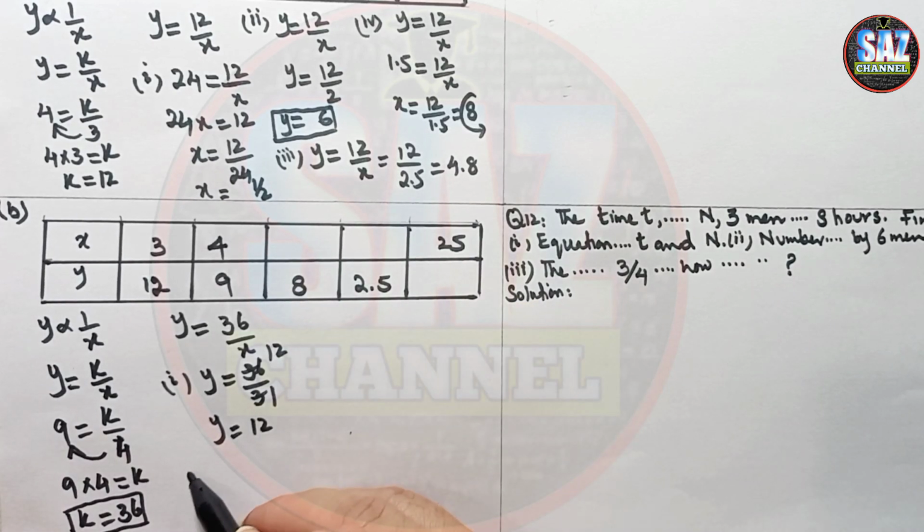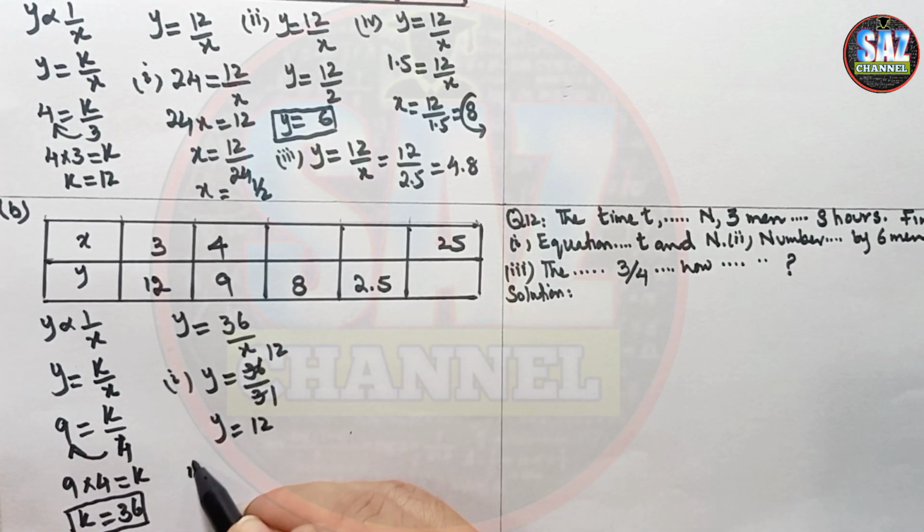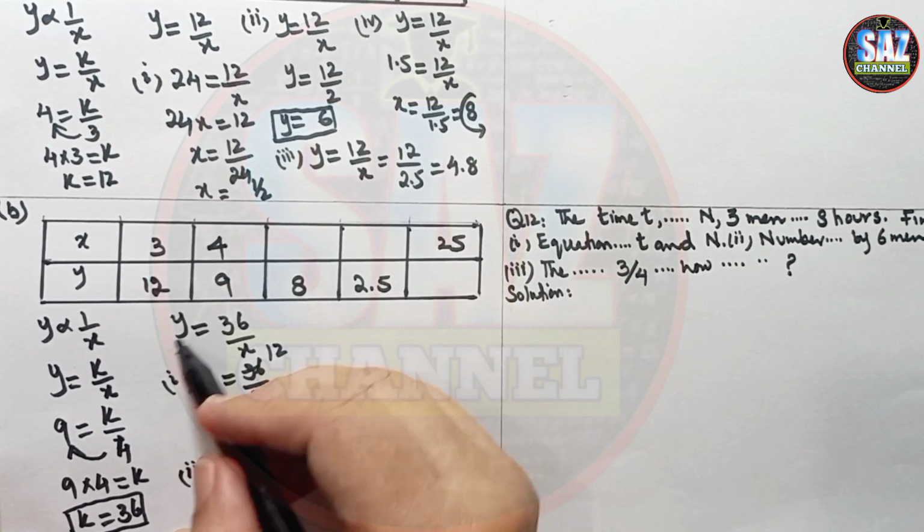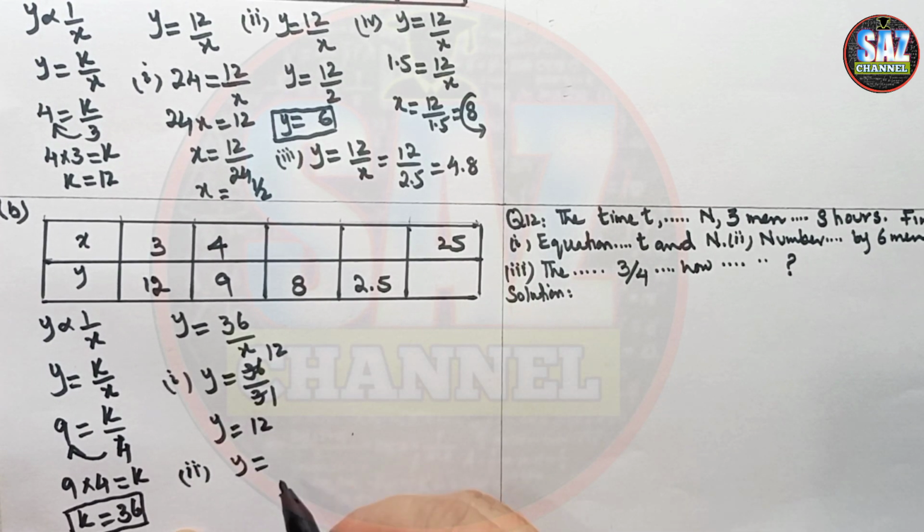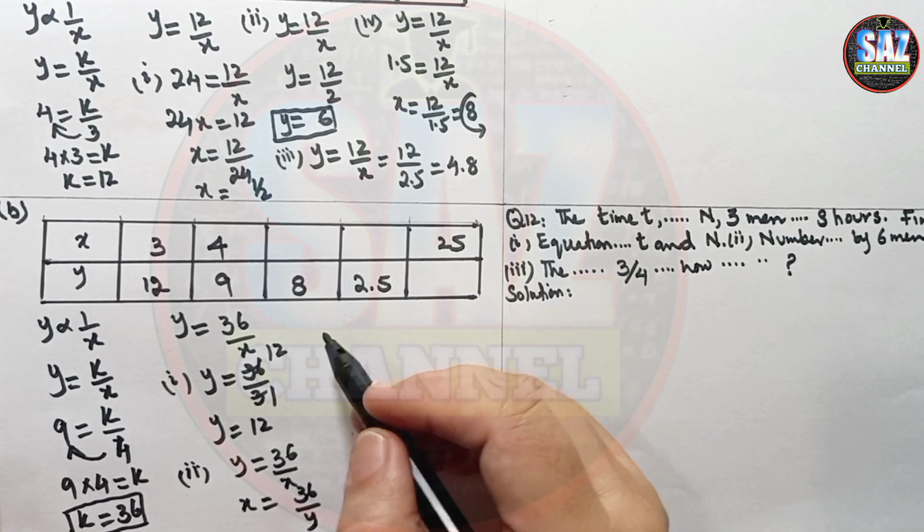For the next value, where y is given, again I have to write this relationship that y equals 36 by x, and now I have to find the value of x. So x will be equal to 36 upon y, and y has the value 8.